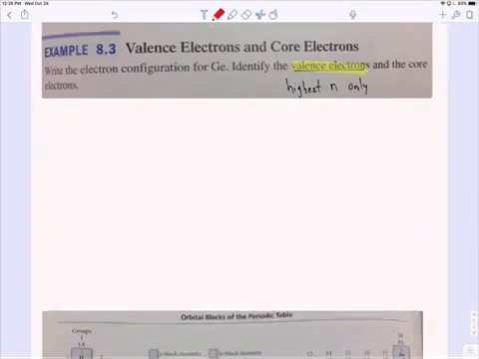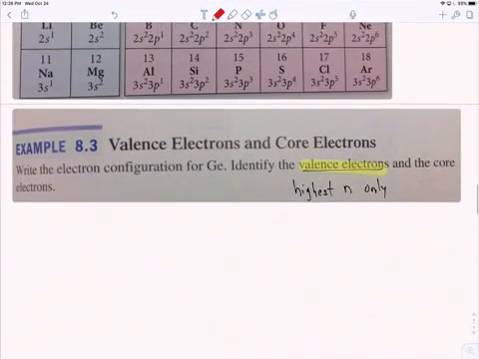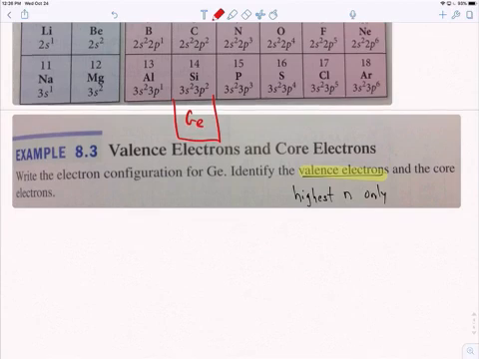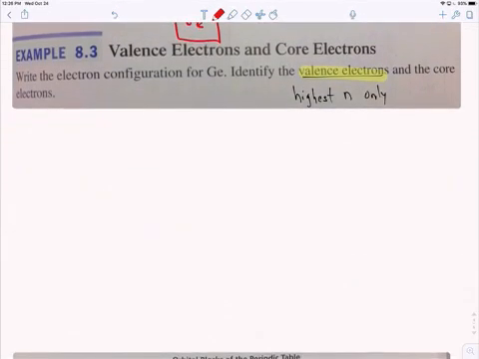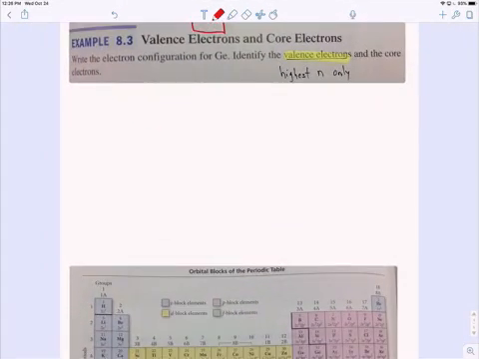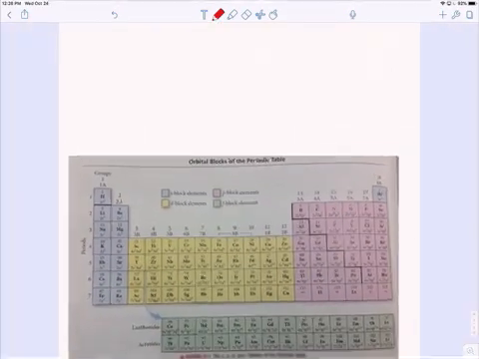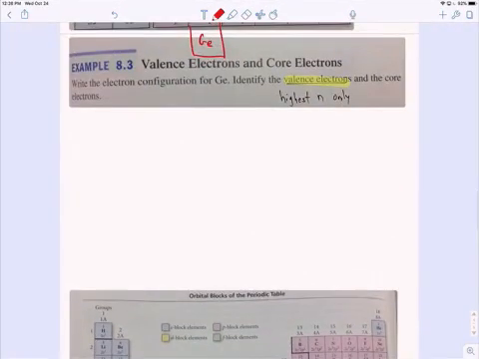Let's write the electron configuration for germanium. So germanium is right under silicon here. So what is the electronic configuration for germanium? Oh, and here's the periodic table right there. You can write the complete electronic configuration.